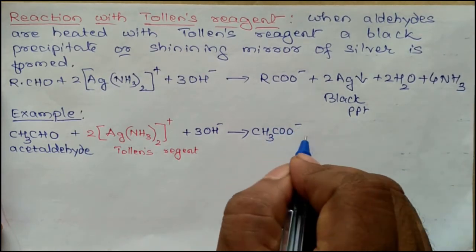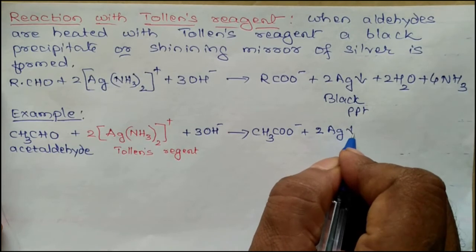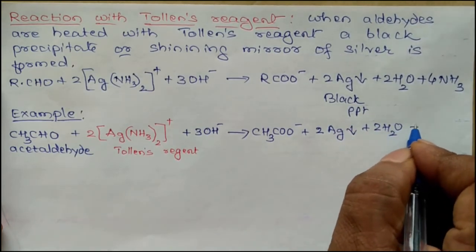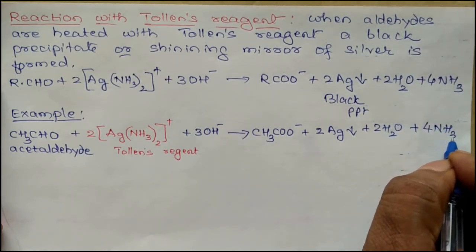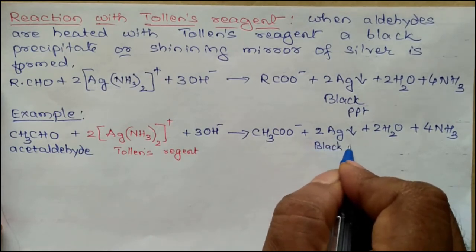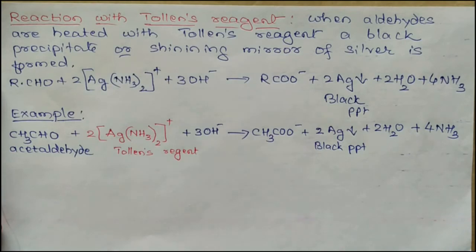CH3COO minus plus 2Ag black precipitate plus 2H2O plus 4NH3. You are going to get a black precipitate of silver. This reaction is known as the Tollens test. This is the confirmatory test for aldehydes.